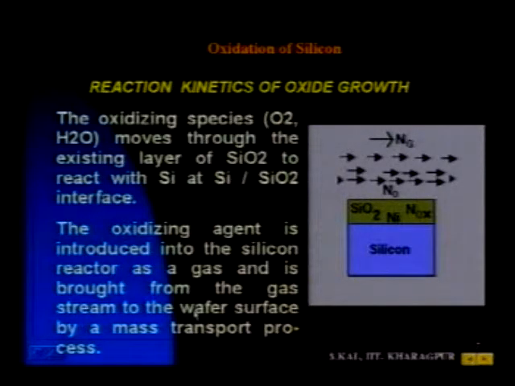That mechanism is known as the mass transport process. Physically, the gas molecules flow from the gas phase to the surface of the substrate by a mechanism known as the mass transport mechanism.